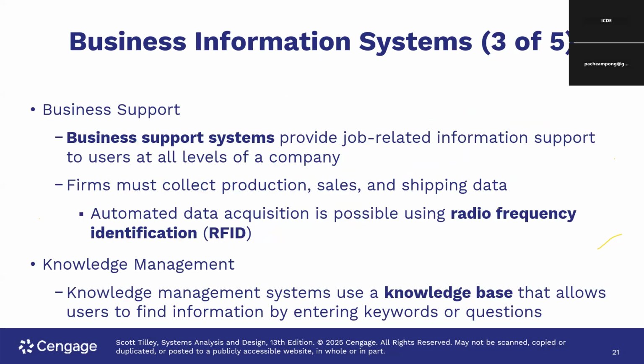Okay. Now let's look at business support also. Business support systems provide job-related information support to users at all levels of a company. So let's take Melcom as an example. If the transaction processing system records that maybe a fund was sold at Melcom, then probably the business support system would now look at it that probably there are data and alerts in place to notify the manager.